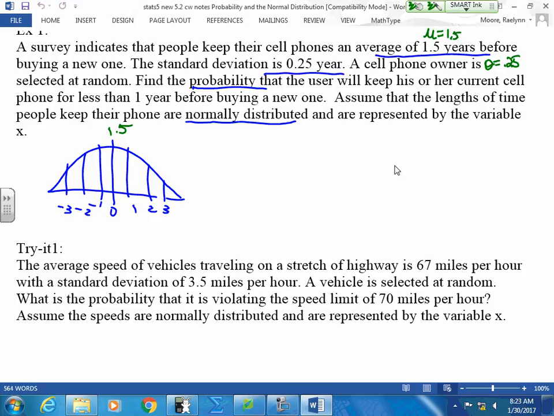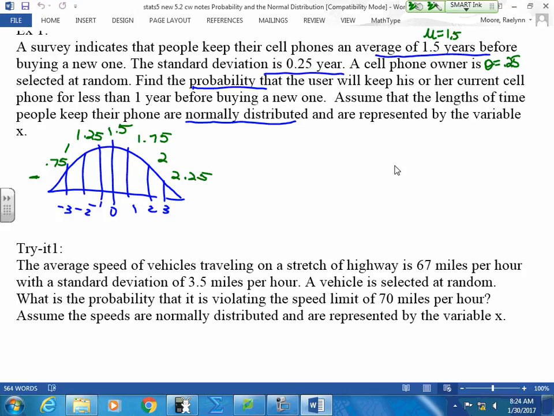So add 0.25. It's like adding a quarter. Think of money. 2 years, 2.25. Subtract a quarter. This is the sketch that I want.